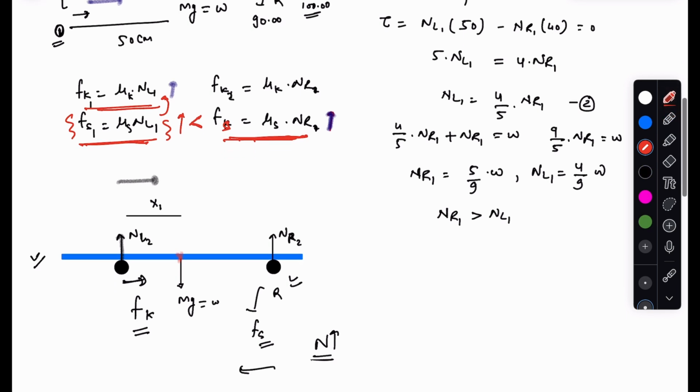So at some point, let's suppose the distance of the normal from the left side is x. Then normal from the left side times x is equal to normal from the right side times y. Right now, is y fixed or not when we are moving from event 1 to event 2? Yes, y is fixed. What is happening to the x value? We are moving towards the right, isn't it?